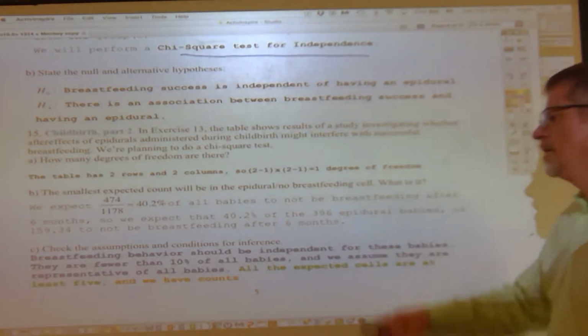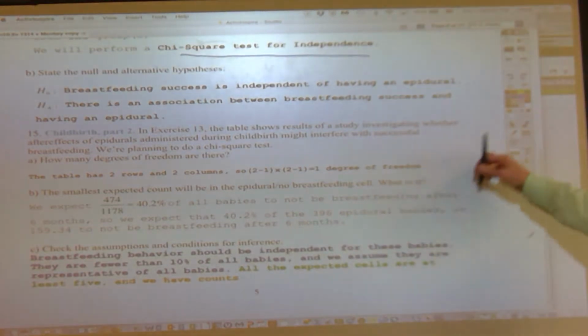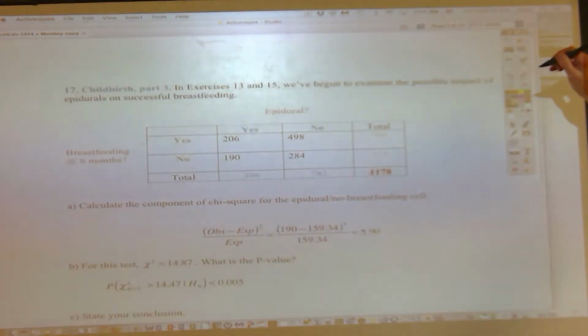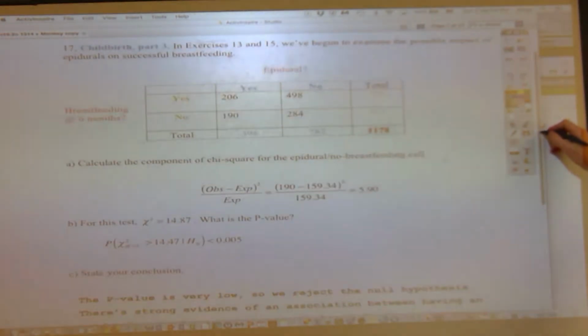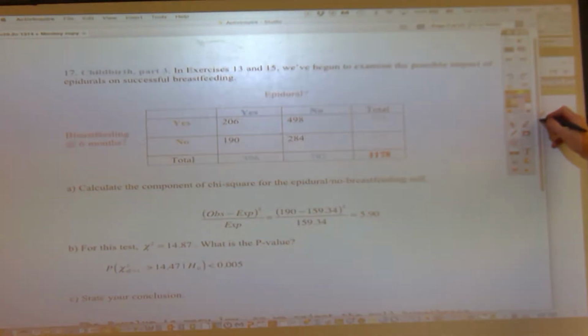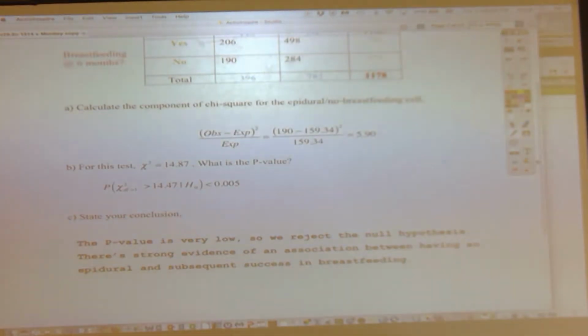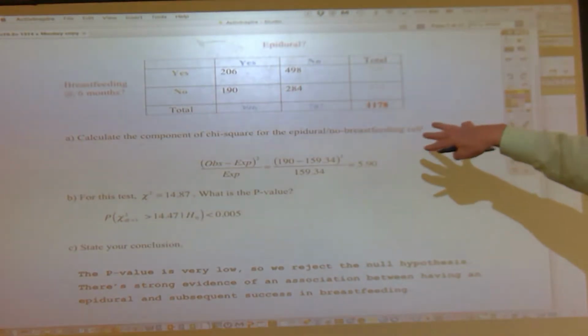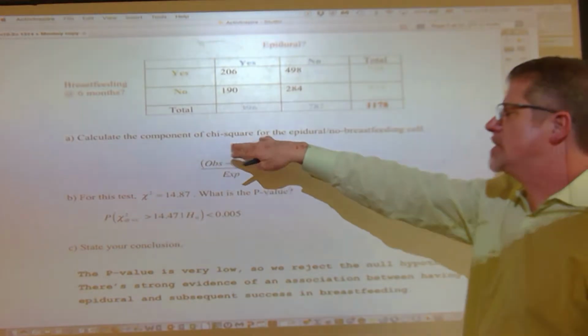Yep. So you have that wording there. We're on page 3. This one is where you actually had to do the mechanics. In part A, you said calculate the component.